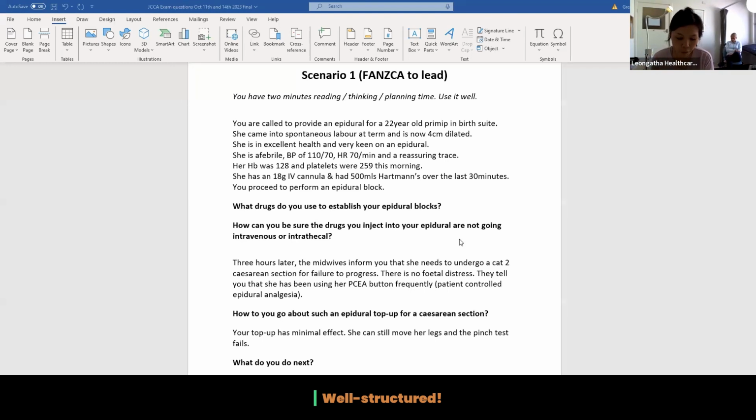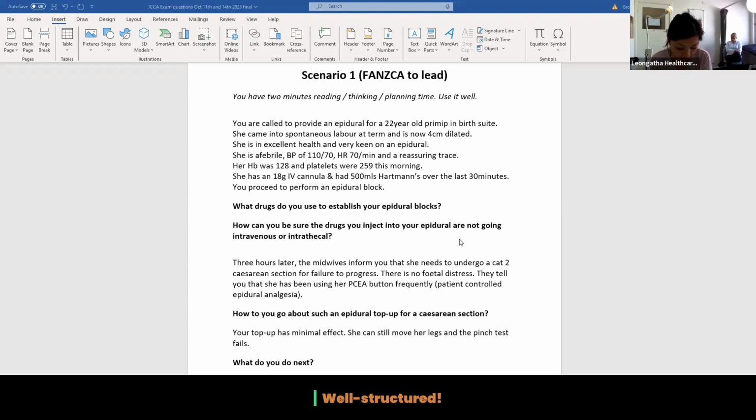So if there's not a rapid gush of CSF, clear fluid squirting back at me, I use the meniscus test and check that there's a slow drop. You can also see if there's any blood using the meniscus drop test.